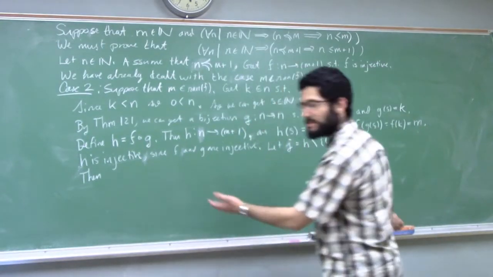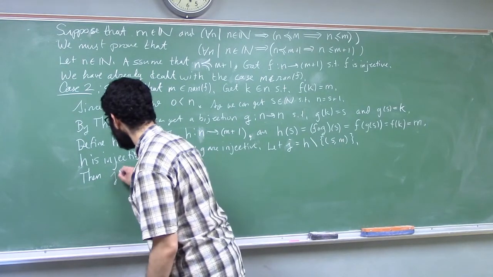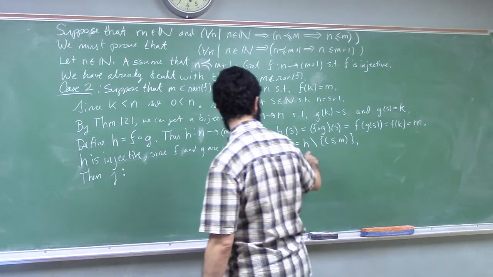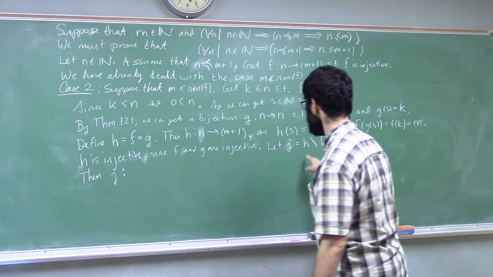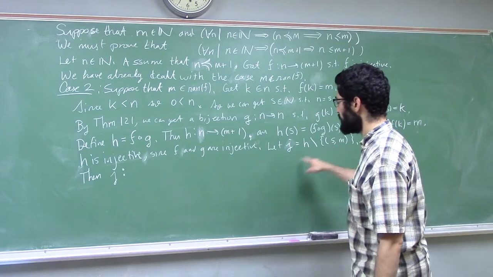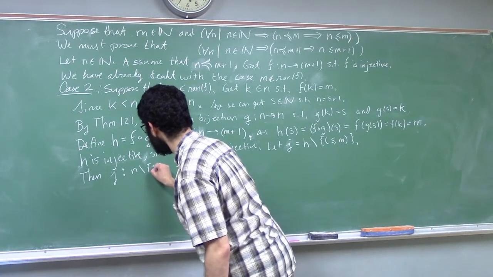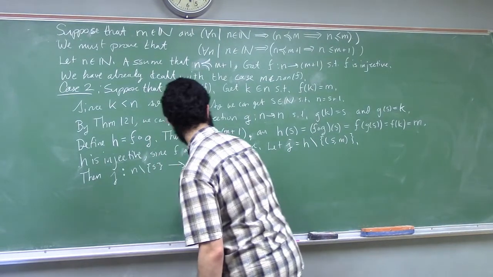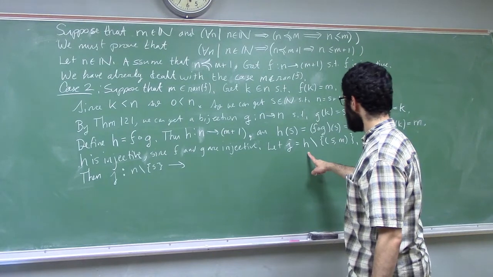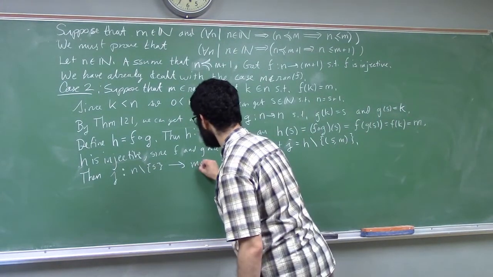So what I'm doing is the exact proof that you will see in the notes. So then j maps, let's see, since I deleted this pair, the domain of h, which was n, gets s deleted from it. And the codomain, m plus 1, gets m deleted from it.